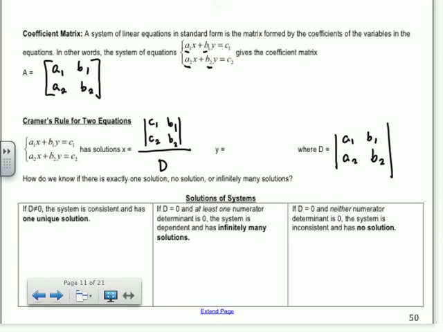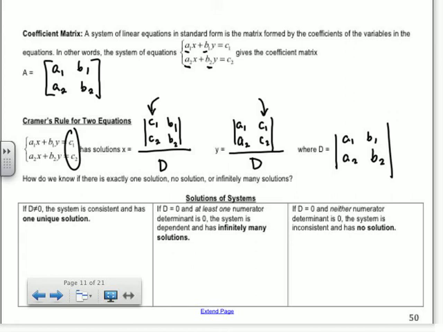And then y is just like your D matrix, but instead of B1, B2, we replace it with C1, C2. So C1, C2, and your first column's the same. So basically, if you want to find the x value, you replace the x coefficients with C1, C2. To find the first variable, replace the first column. To find the second variable, replace the second column.